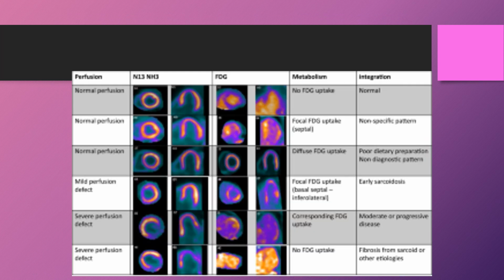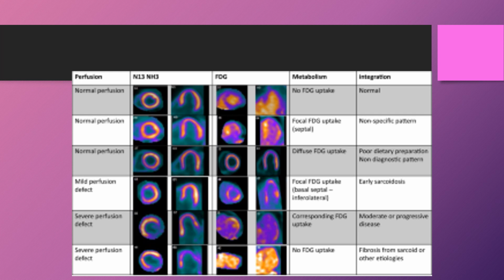This image is a little bit fuzzy with the text, but you can see in the first three rows, there's normal perfusion. This one was done with nitrogen 13 ammonia. So there's normal perfusion on the first three. In the top row, there's no FDG uptake. That's a normal study. In the second row, you have some focal FDG uptake.